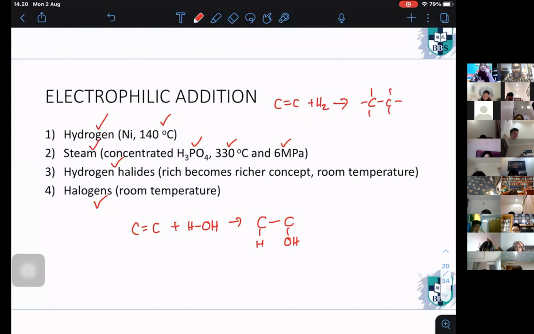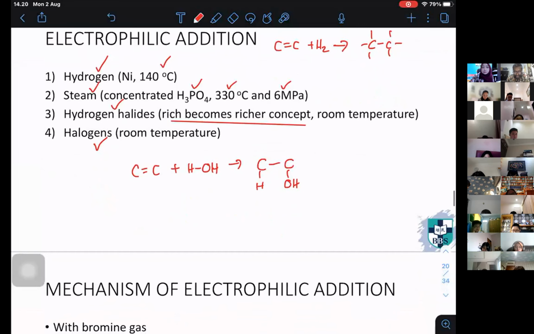And then hydrogen halides. The part you need to remember here is the concept of rich becomes richer. You actually need to go through this in detail, but I'll simplify it a little for you.